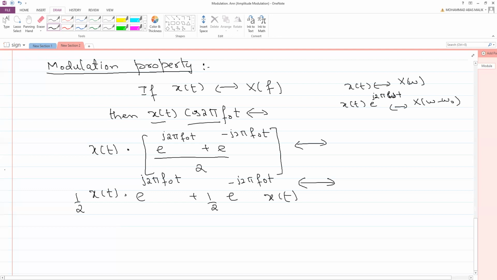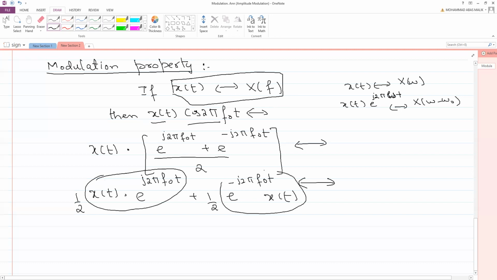So using the same property here, if x(t) has Fourier transform X(f), then what will be the Fourier transform of this one? Similarly, you can tell me the Fourier transform of the other one, and then you can add using the linearity property. It will be X(f minus f₀), right?